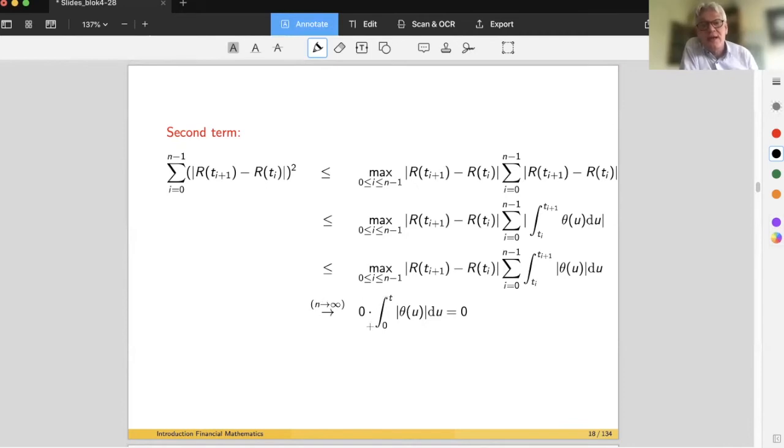That is a finite integral, the integral from 0 to t of theta u in absolute value du. And it is multiplied, when n goes to infinity, by the distance which goes to 0. So it's 0 times a finite integral, and that is equal to 0. So the second term is indeed equal to 0, something that we desire.